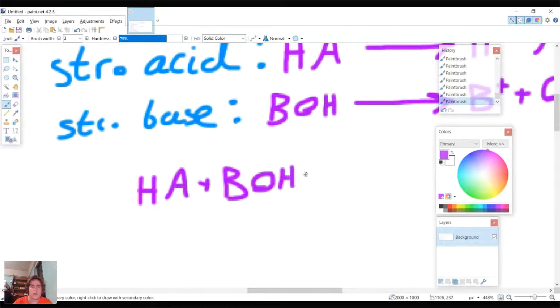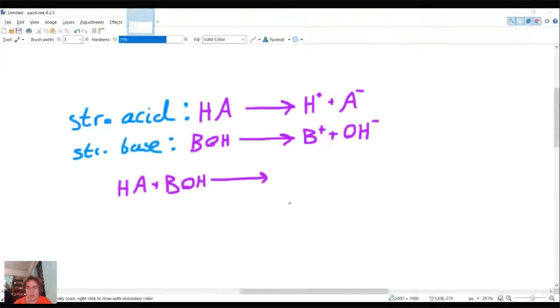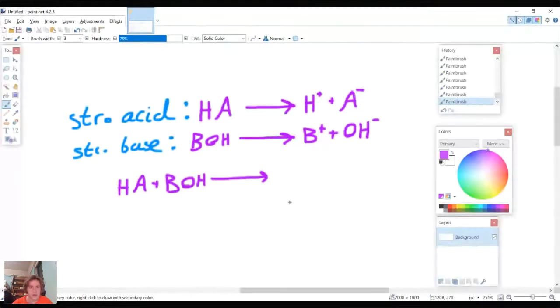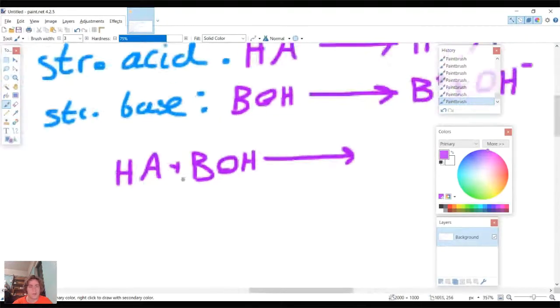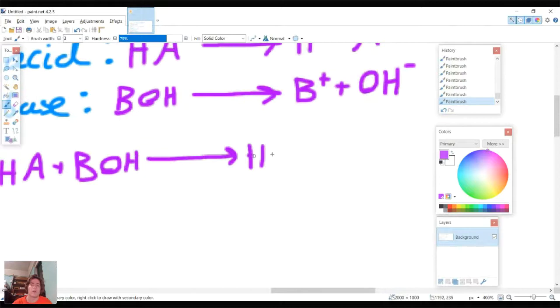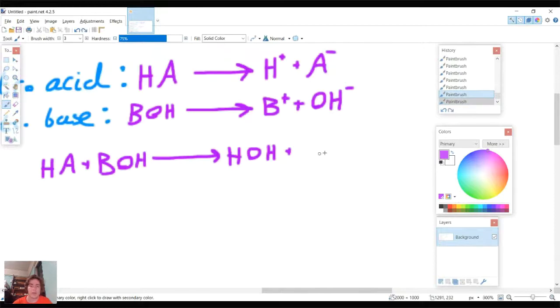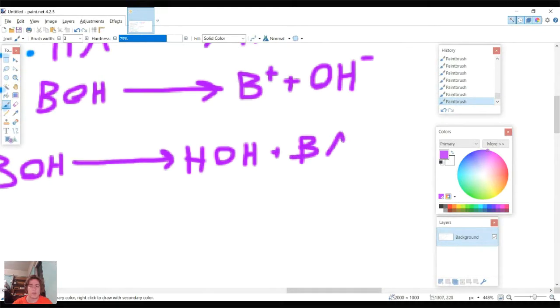This is basically a double displacement reaction, if you remember how a double displacement reaction is characterized. The A replaces the A and the OH kind of switch places. So we have HOH plus AB, or rather BA, just to stay consistent.